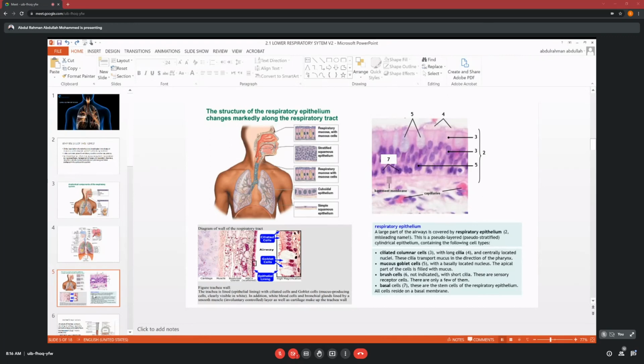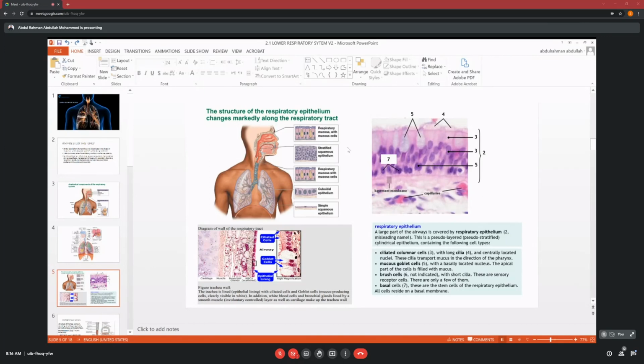Very good. So one point here is that as we move from the nasal cavity toward the lower part of the bronchioles, the type of epithelium keeps on changing.